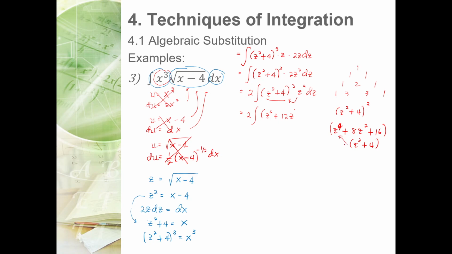Let's multiply first the first term: z to the power of 6 plus 8z to the power of 4 plus 16 z squared. Then the second term is 4z to the power of 4 plus 24z squared plus 64.